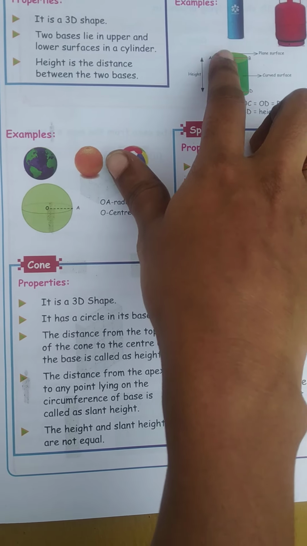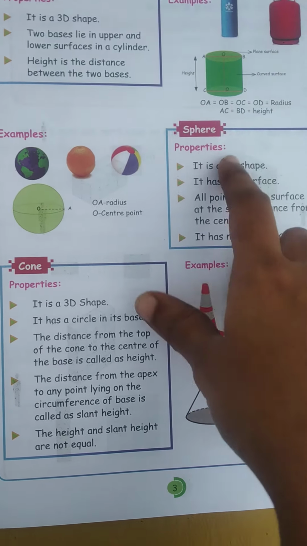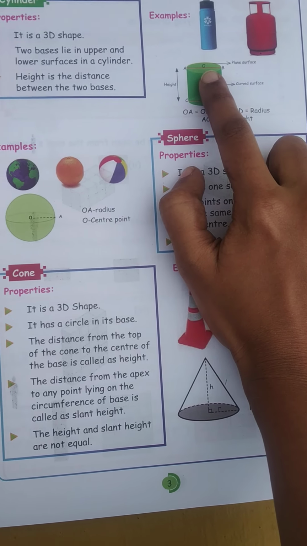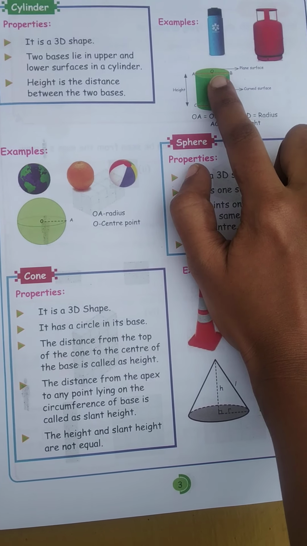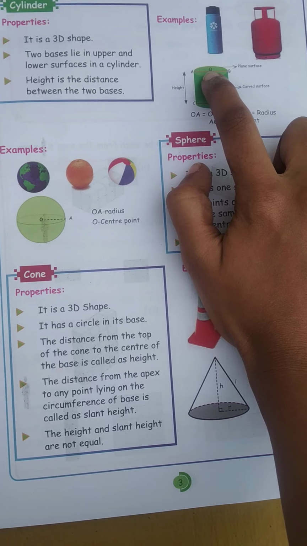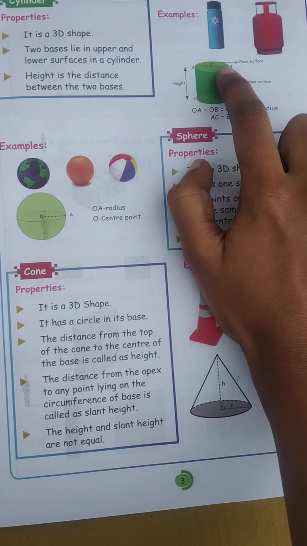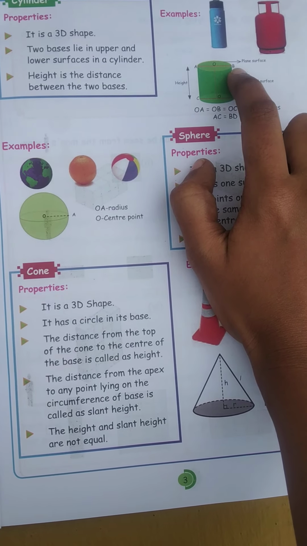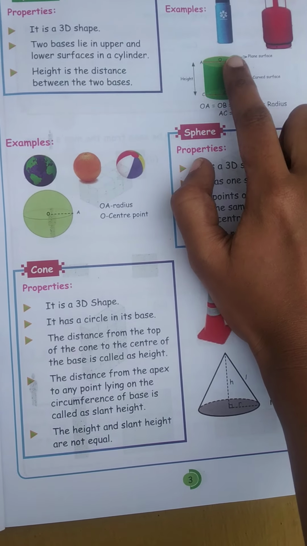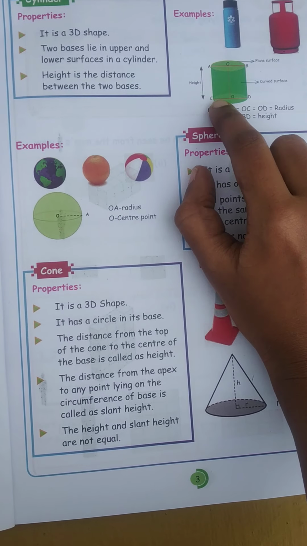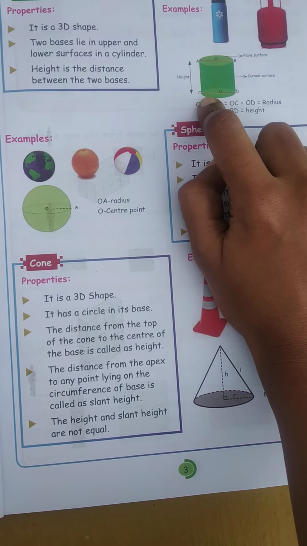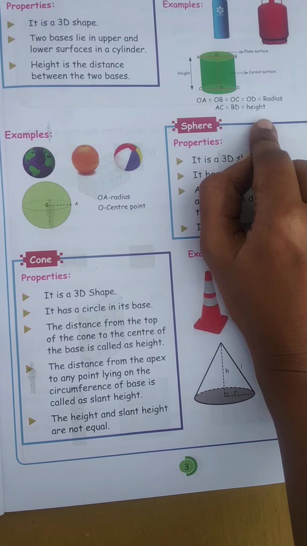So this is how you have to measure the height. In a circle, which we learnt last year, the center point will be there. From the center point, you measure till the end, and that gives you the radius. So OA, OB, OC, OD is the radius. AC and BD are height.